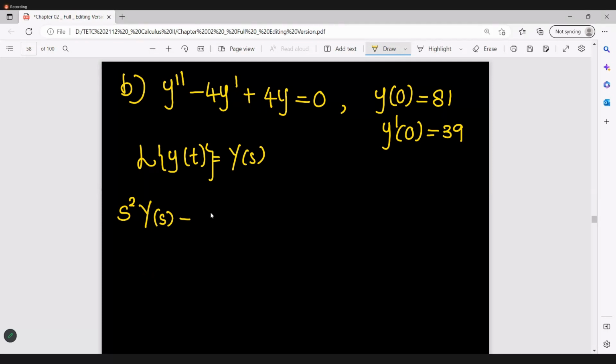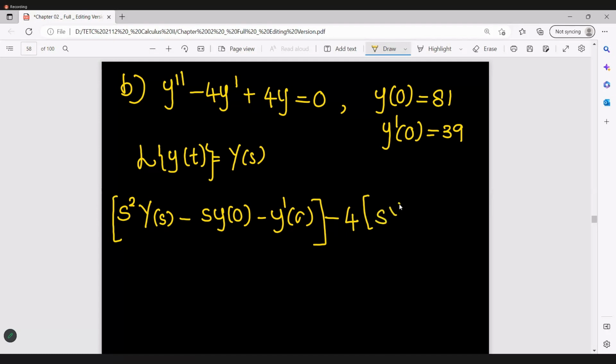S squared Y of s minus S y0 minus y dash 0. Then minus 4 times y dash, the Laplace transform of the first derivative, S capital Y of s minus y0. Then plus 4 times capital Y of s, and the Laplace transform of 0 is equal to 0.